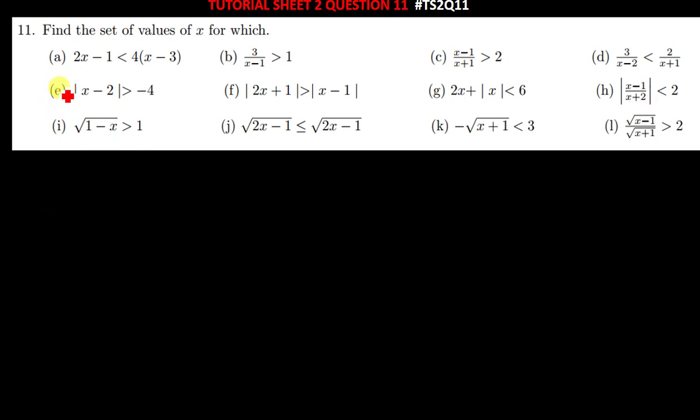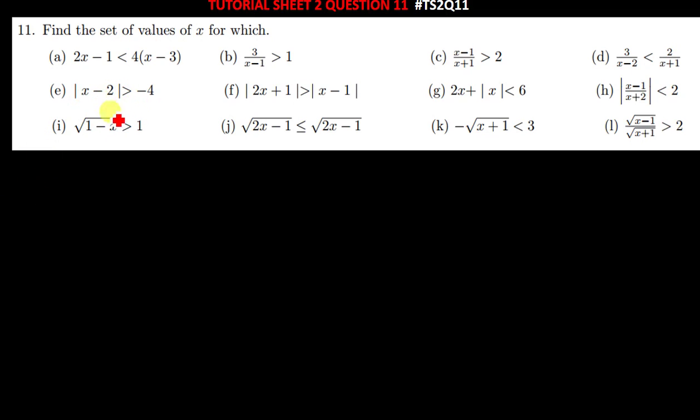So E is saying the absolute value of x minus 2 is greater than negative 4. So when you have such a question, remember what we were doing in the previous questions. You first write the positive form of this question since we have the absolute value.